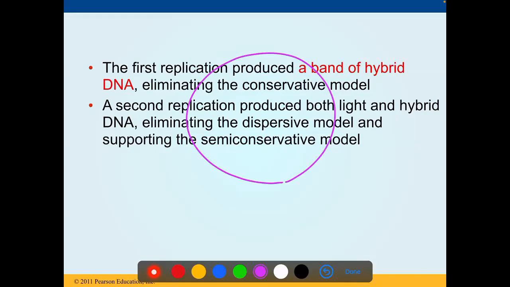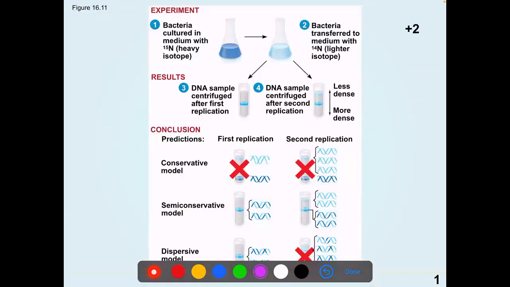So how they did it is, the bacteria were already grown with 15N, which is the heavy isotope. Later on, you put those cells into a new media that contains the lighter isotope. Before the replication, they only show a single band.